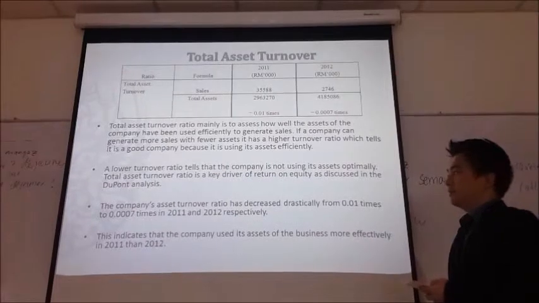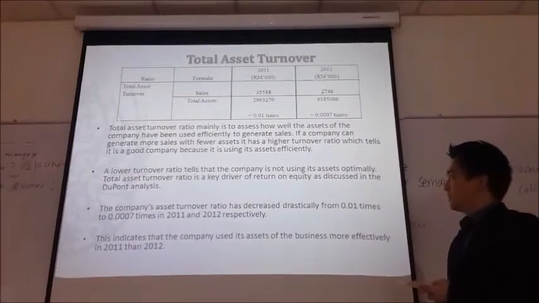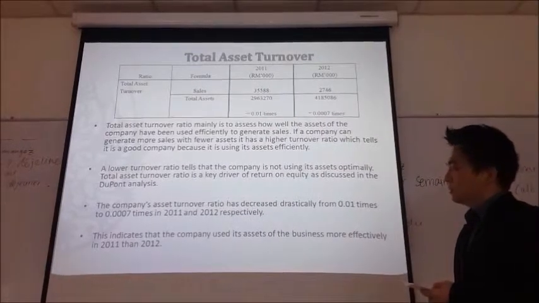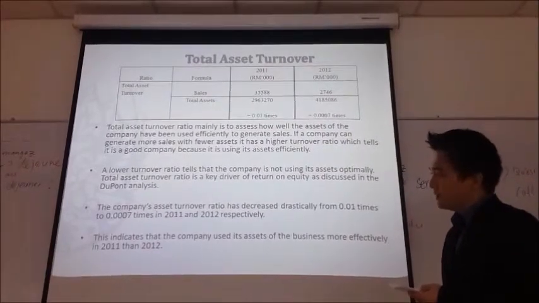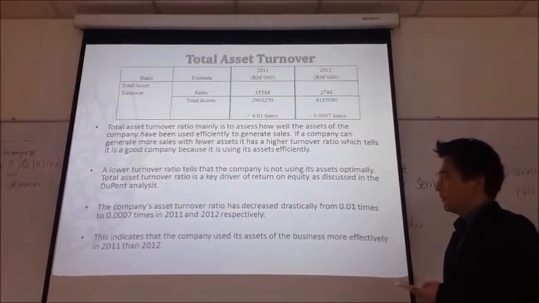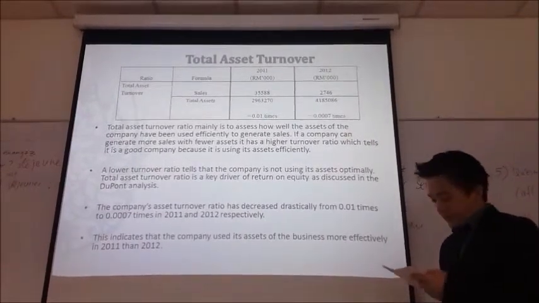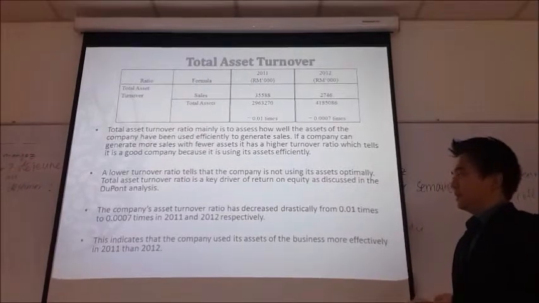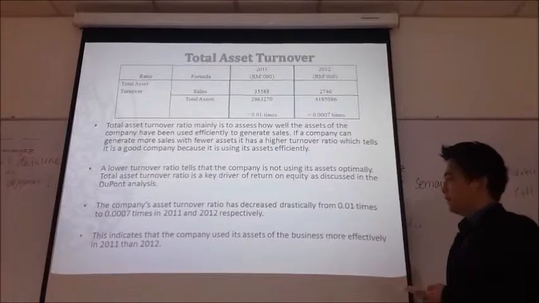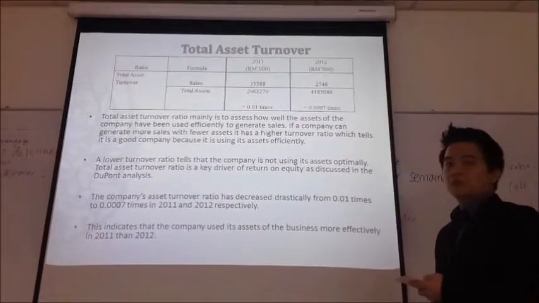The company's asset turnover ratio has decreased drastically from 0.01 times to 0.0007 times in 2011 and 2012 respectively. This indicates that the company used its assets more effectively in 2011 than 2012.